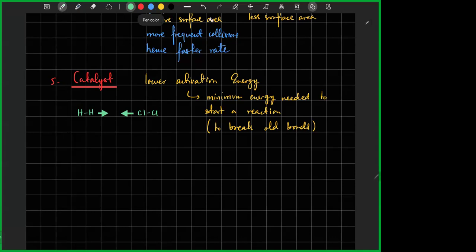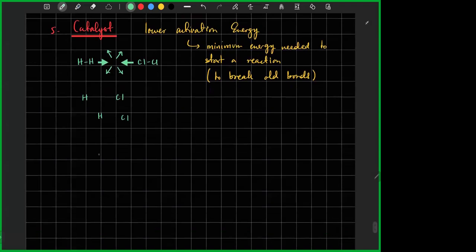They're going to smash together, and once they collide, it has to be done with enough force so that the molecule breaks and all the old bonds are broken. And then new bonds would be formed. Then H and Cl could get together and form HCl. The other H and Cl could get together and form HCl as well.